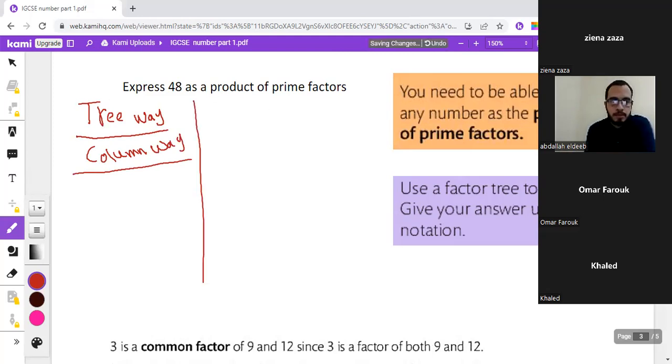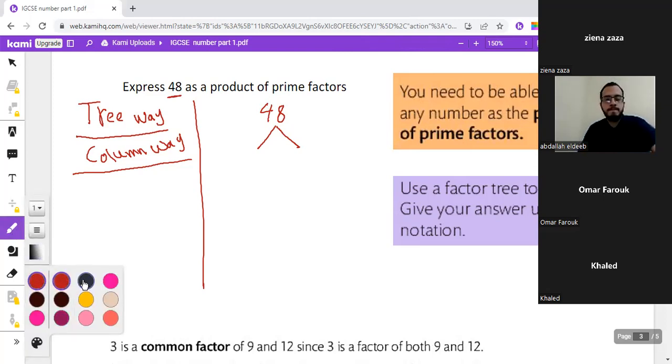Tree way, like here, if you have 48, Zena, can you give me two numbers where the product of them is 48? Yes, sure. 12 times 4.